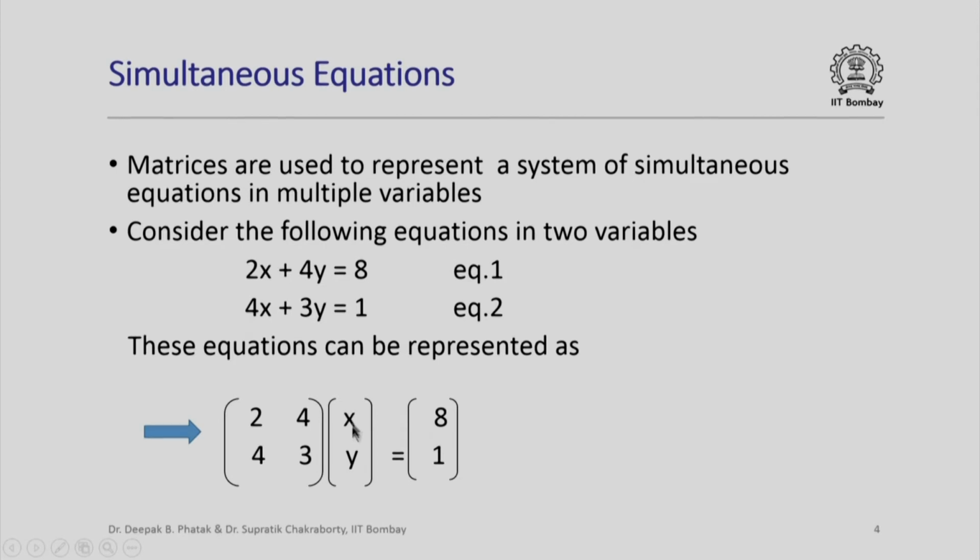We then write a vector or a one-dimensional array x and y, and this is equal to the right hand side, which happens to be 8 and 1. In fact, those of you who recall the matrix operations will know that this effectively means 2 multiplied by x plus 4 multiplied by y equal to 8, and 4 multiplied by x plus 3 multiplied by y equal to 1.